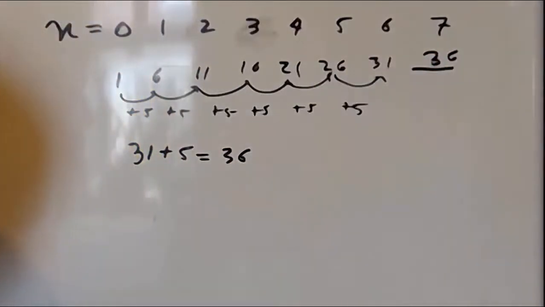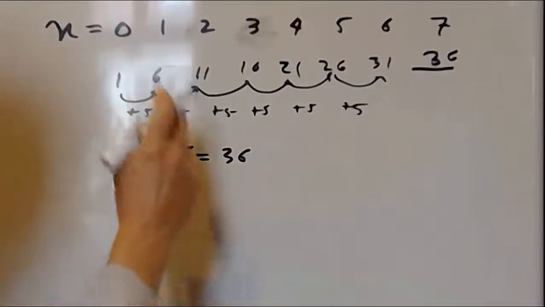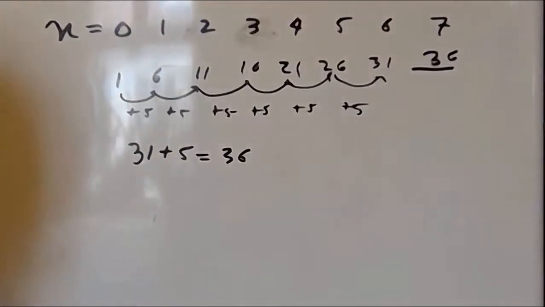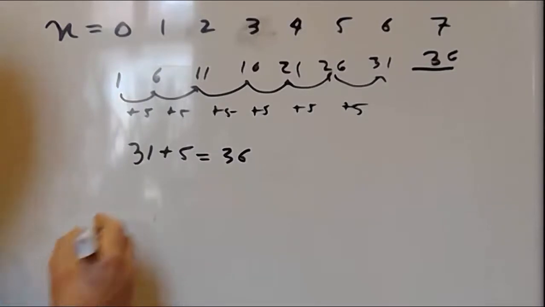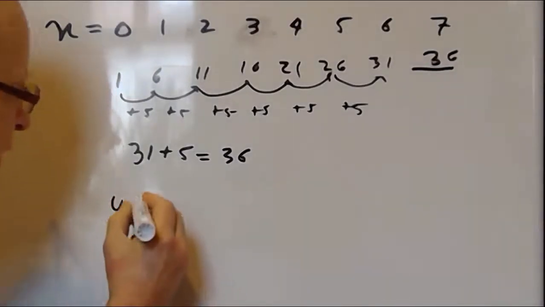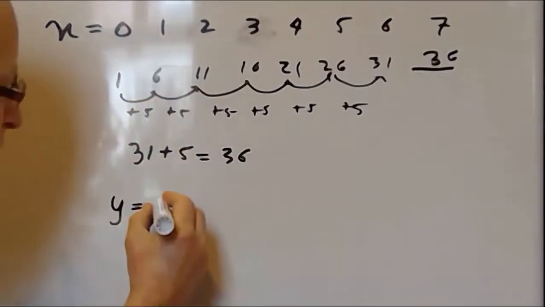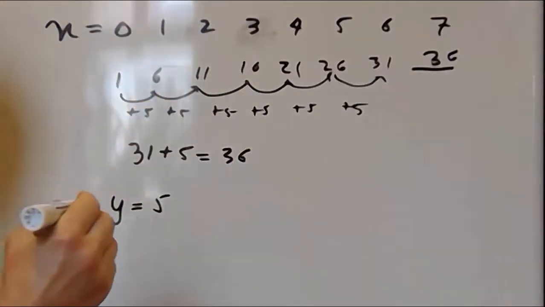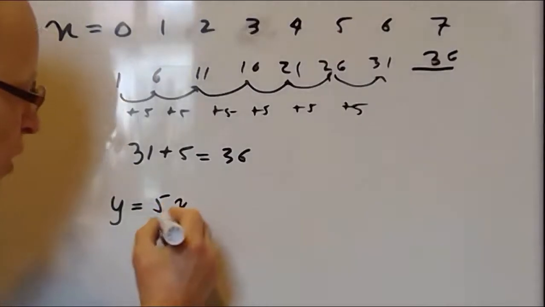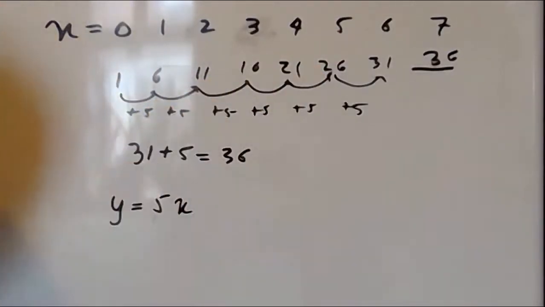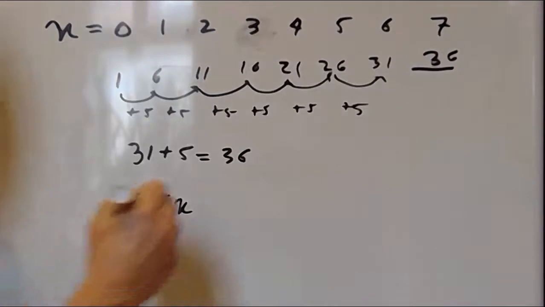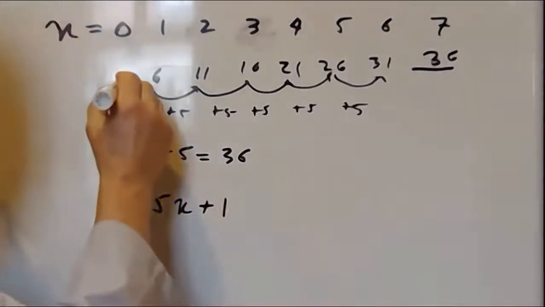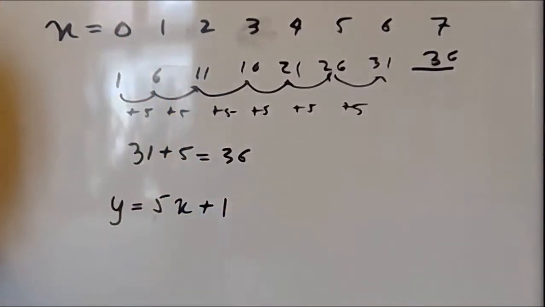Now, if we use the formula, we try to write a formula for this, like the linear equation I just mentioned, and we find that y is equal to 5n, because we're going up 5 on each place to get to the next number, and plus 1, because when n is equal to 0, we're starting at 1.